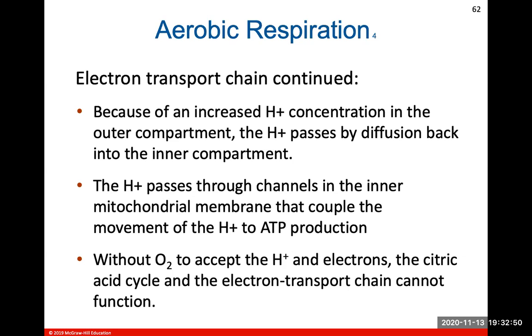If we don't have oxygen to accept the excess hydrogen and electrons, the citric acid cycle and the electron transport chain cannot function. So oxygen is essential to these two, the electron transport chain and the citric acid cycle. Without oxygen, we cannot produce the ATP that our cells and body need. So our cells and bodies would quickly die off.